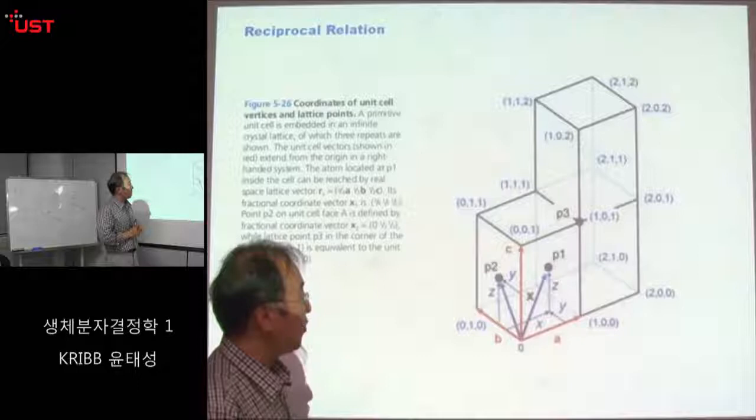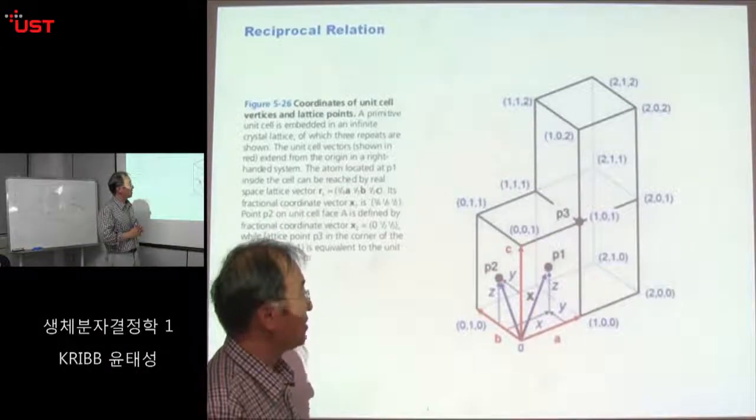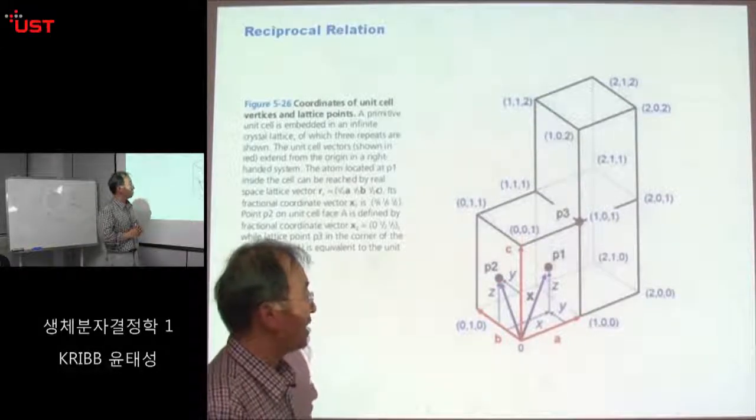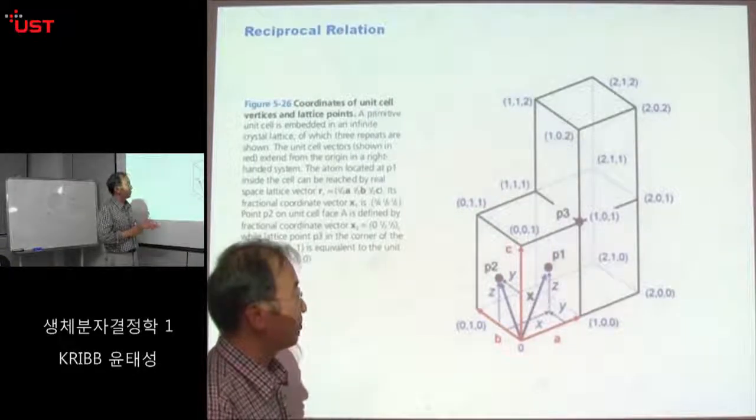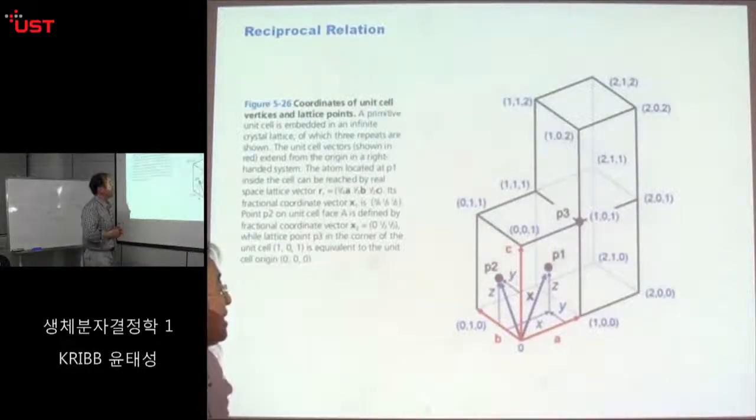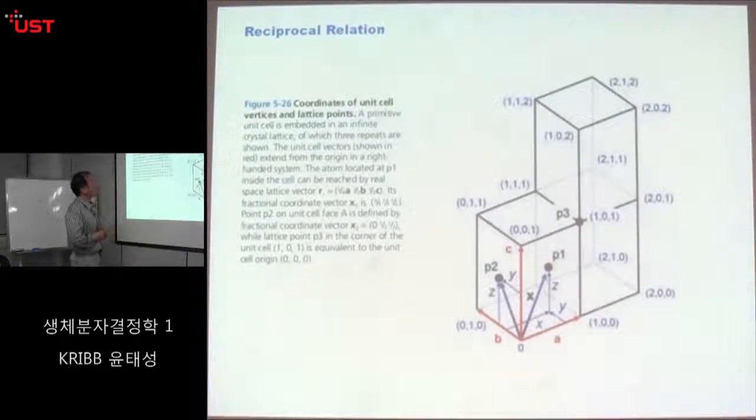And any position can be described in terms of A, B, C, right? Along A, along B, along C. Here many vertices are explained.